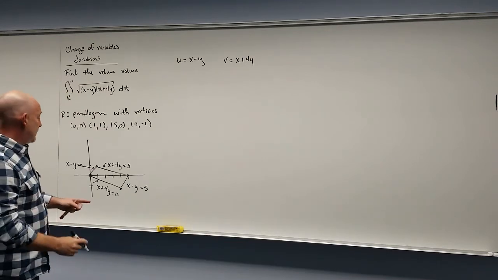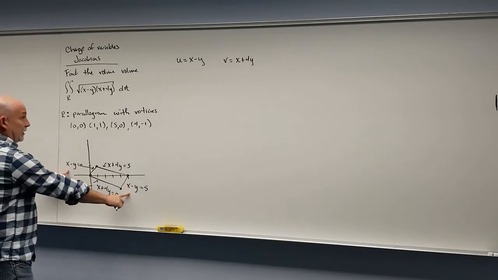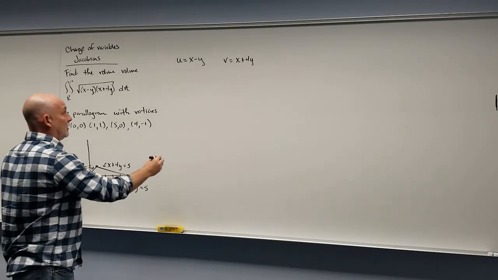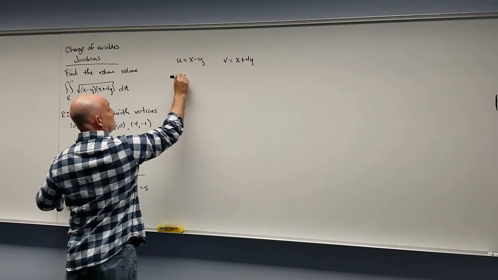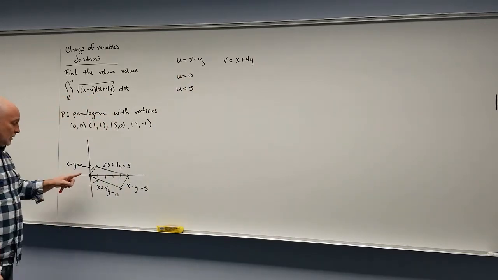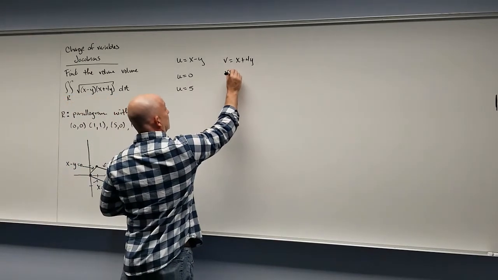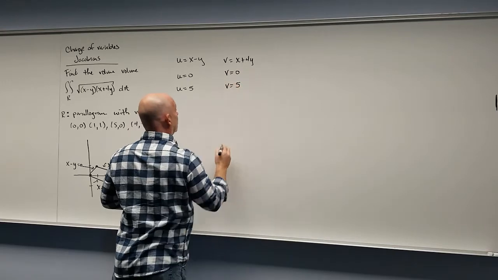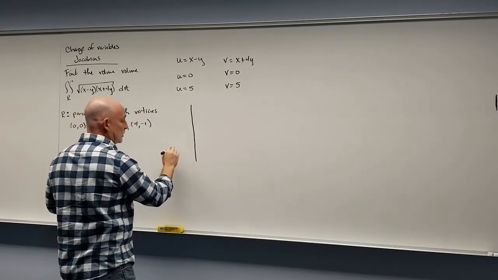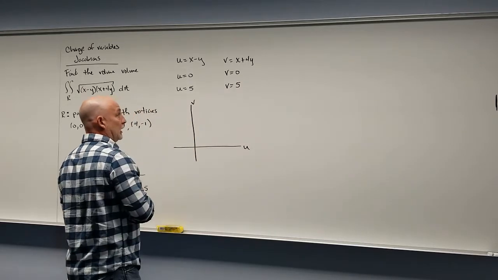So if we do that, what do these four equations become? Well, these two over here, the x minus y, become u is equal to 0, u is equal to 5. V becomes v equals 0 and v equals 5. Okay, so now if we take a look at our new region over here, it doesn't matter which axis you call u and v, it's up to you.